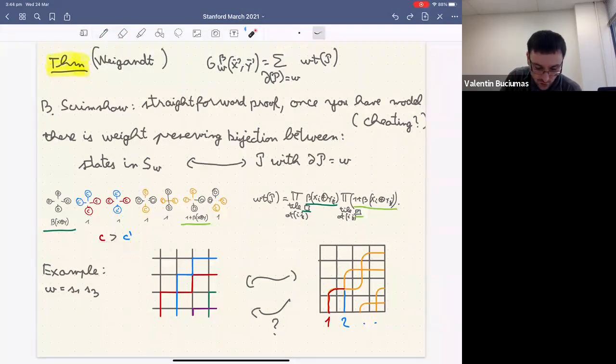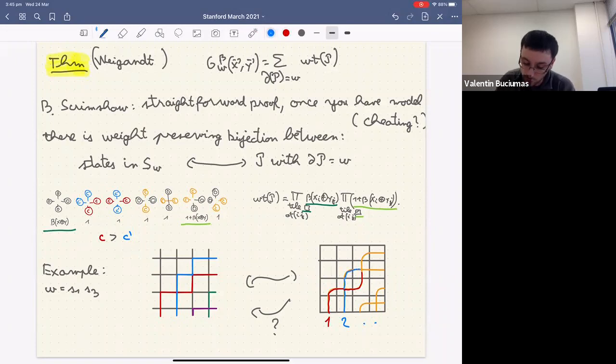So if I have red from the left and blue from the bottom, this is the only possible configuration that will give me an admissible state, so a state whose weight is not 0. Because this is the only possible configuration, I must have red move to the right and blue will have to move up.